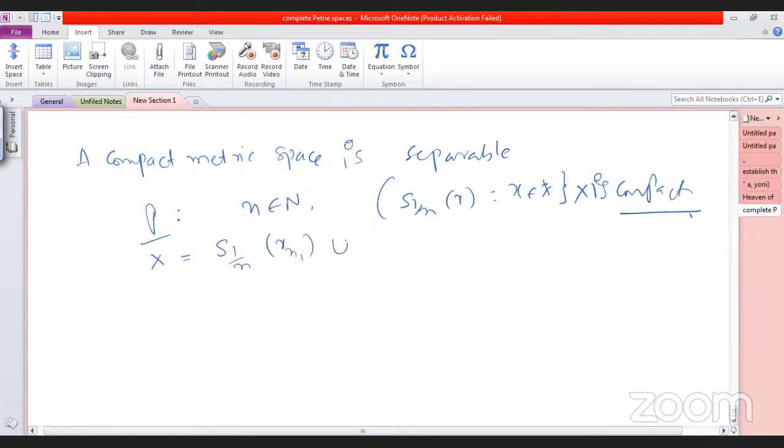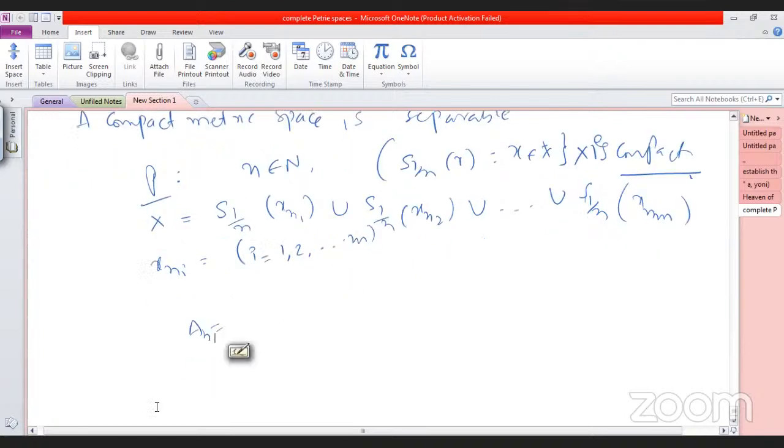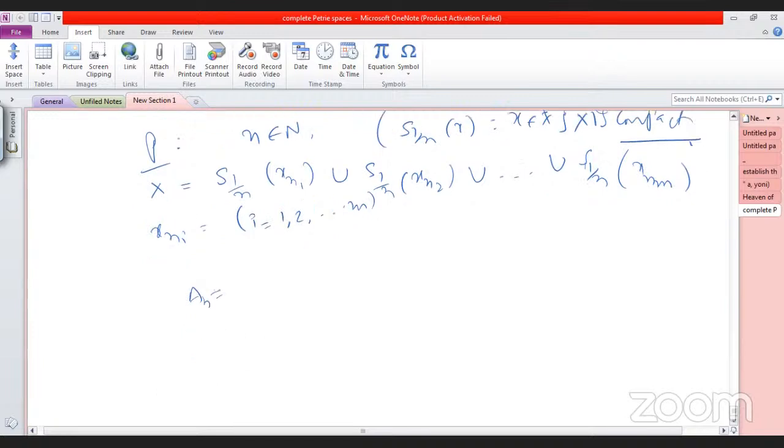X is covered by S 1 by n of xn1 union S 1 by n of xn2 union and so on, writing here xni, where i is from 1 to at most m.